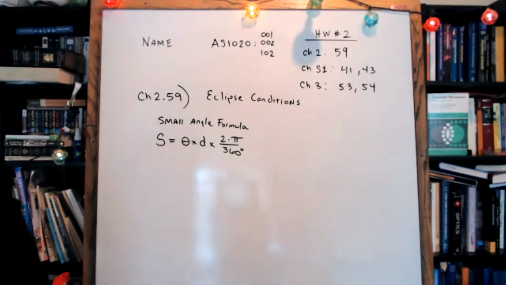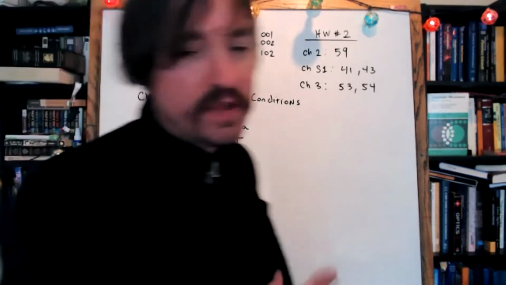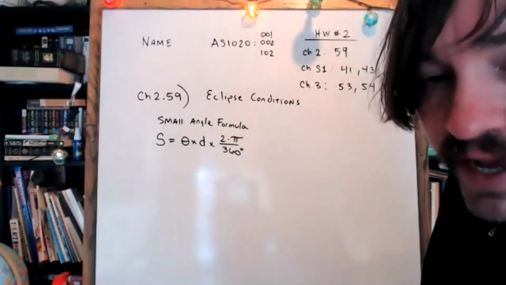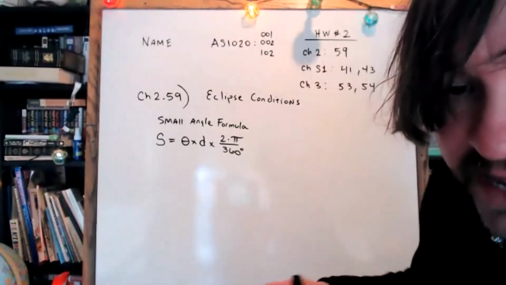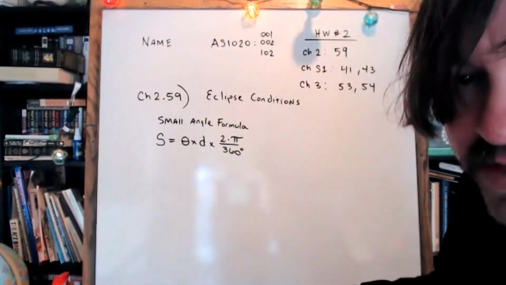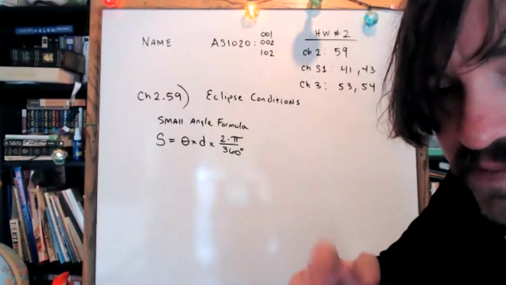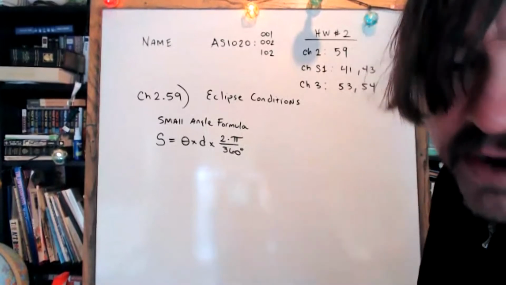Let's write that down. In today's first problem, you're going to see a new variation on the small angle formula. It's actually kind of a really big deal in this class, but I didn't have time to explore this aspect during our lectures.